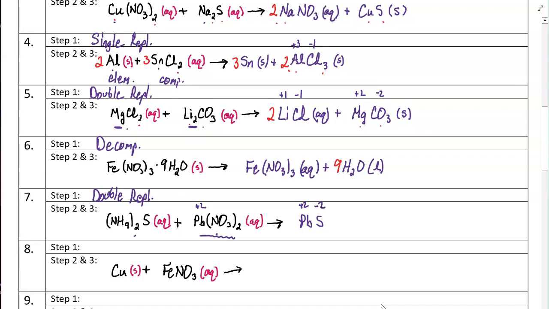These are opposite charges, no crisscross needed. The formula for lead sulfide is just PbS. I'm going to put parentheses, and we'll fill them in later with solid or aqueous. The other product created starts with ammonium. And that ammonium is bonded to nitrate.